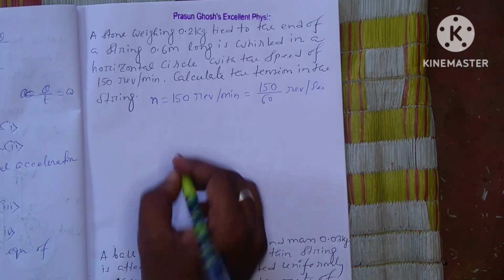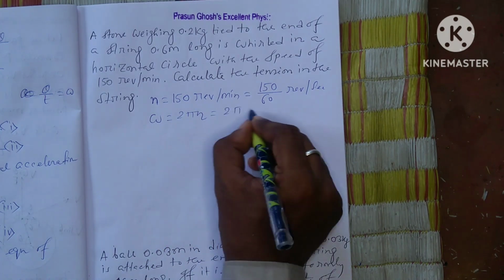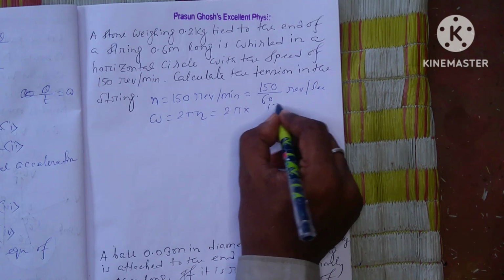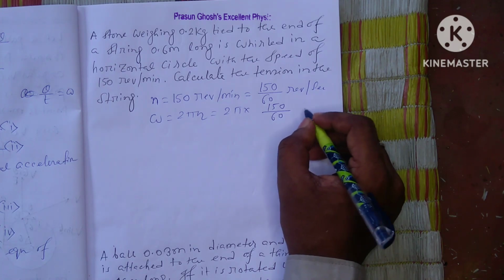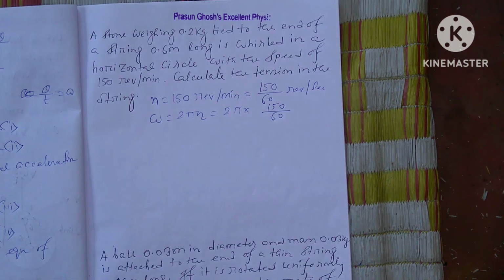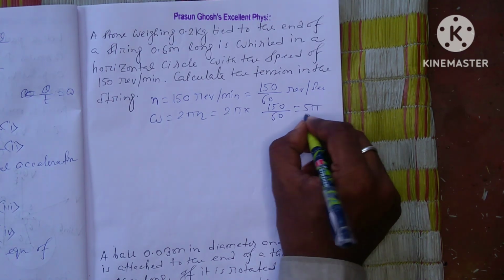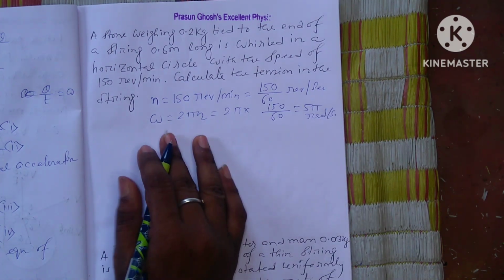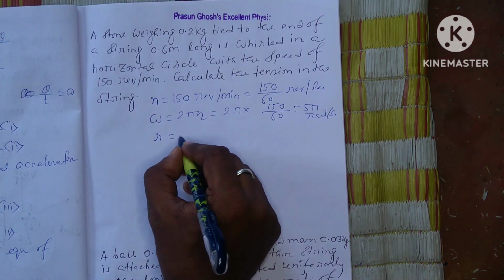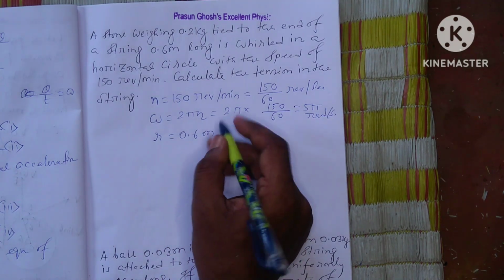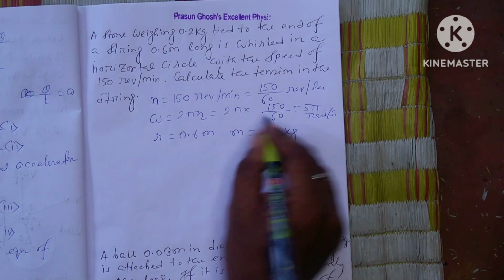Omega equals 2 pi n, so 2 pi into 150 by 60, that is 5 pi rad per second. r is given as 0.6 meter, and m is 0.2 kg.